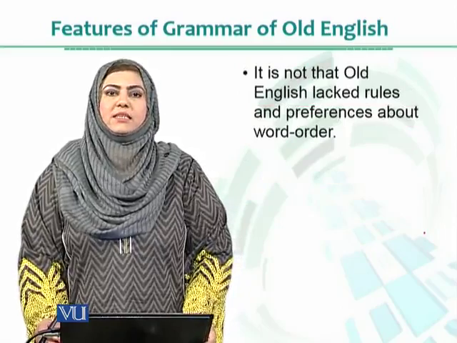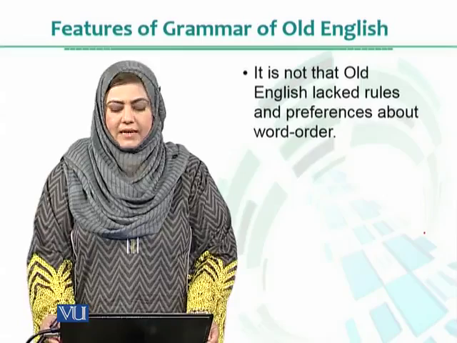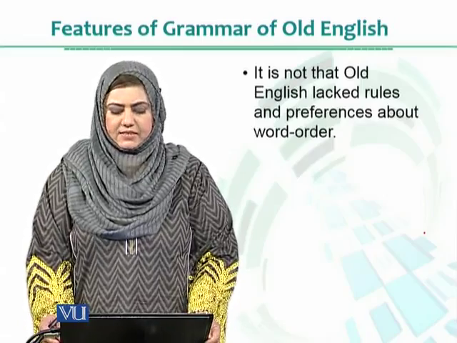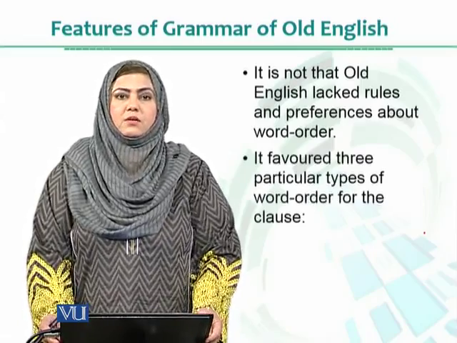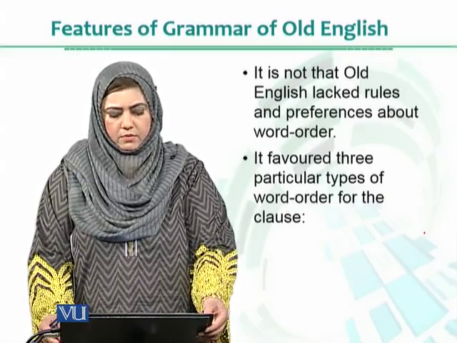However, my dear students, it does not mean that Old English did not have any rules regarding grammar and syntax. Of course, it had rules, and it had preferences as well with reference to word order. Old English favored three particular types of word order for the clauses.